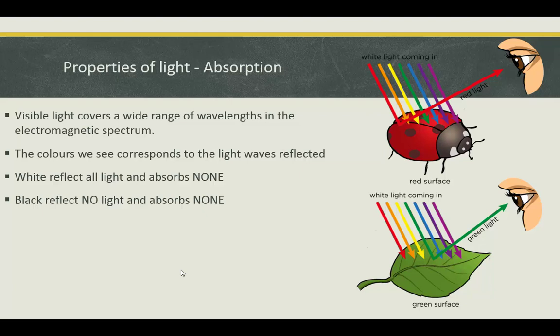Now, absorption is an incredibly important part of the work because it's the reason you perceive things to have different colors. Visible light covers a very wide range of wavelengths in the electromagnetic spectrum.